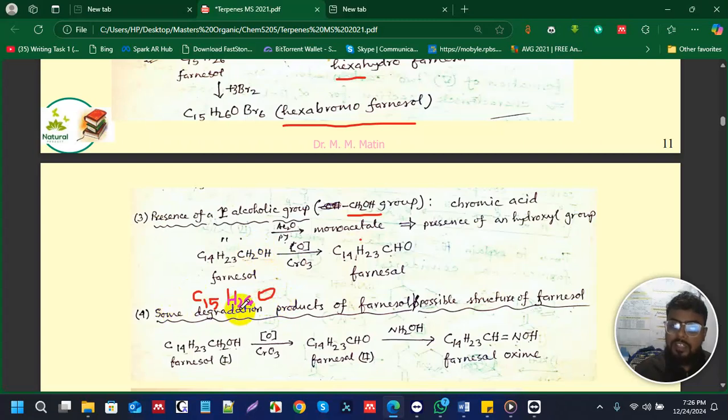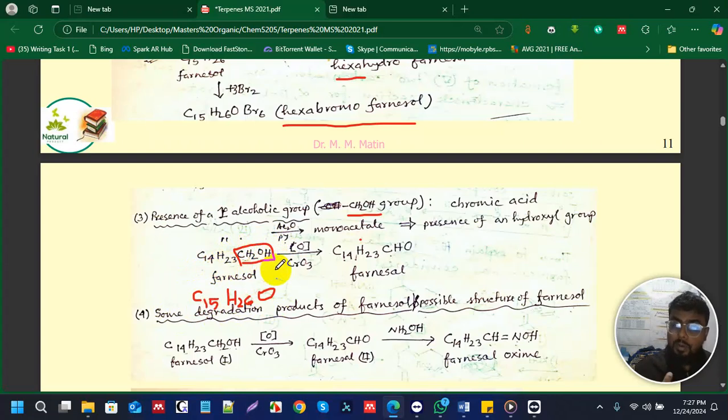That is how C15H26O is the molecular formula of farnesol. We can write it in the following way: we show this oxygen as a 1-degree or primary alcoholic group, and the remaining portion is attached as an alkyl chain.